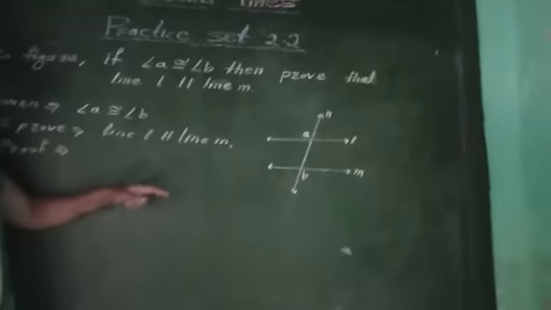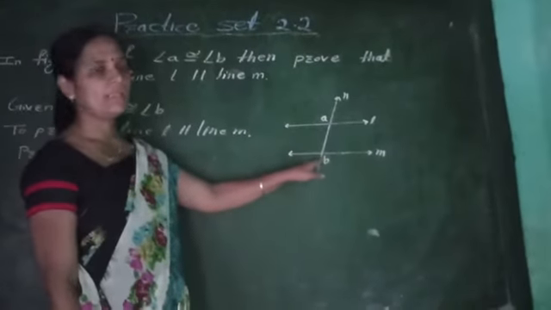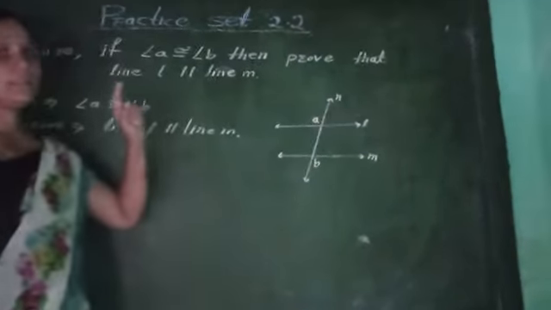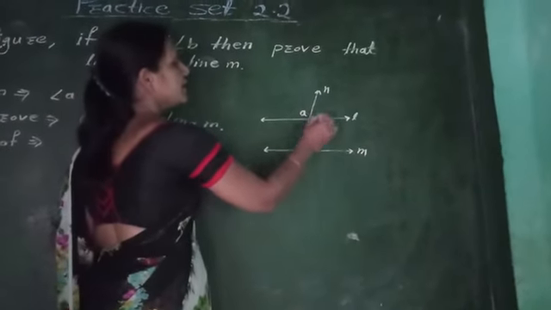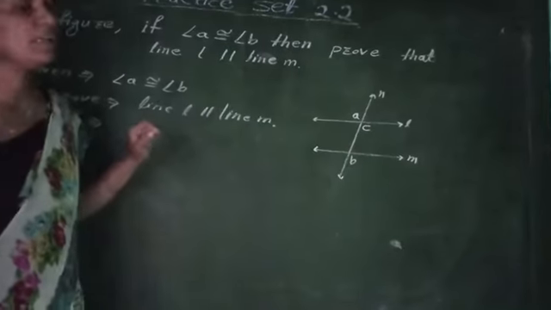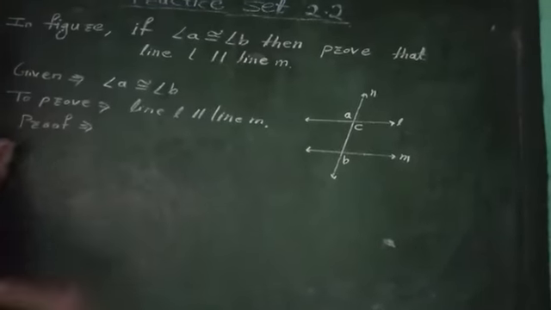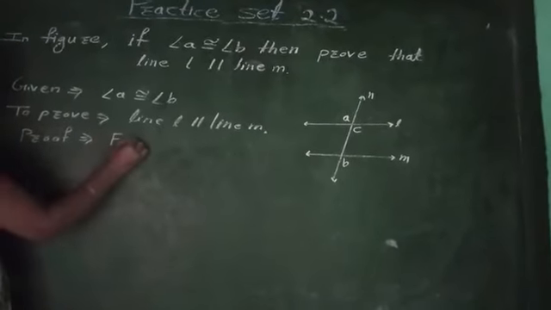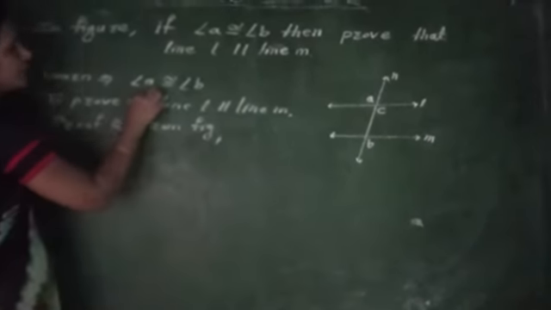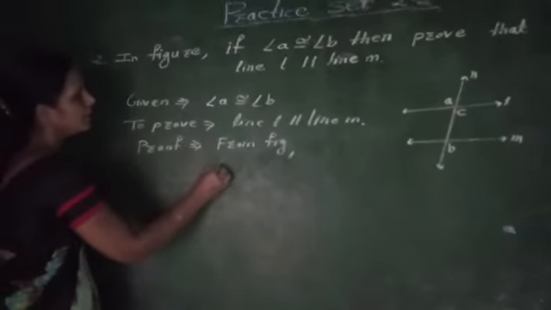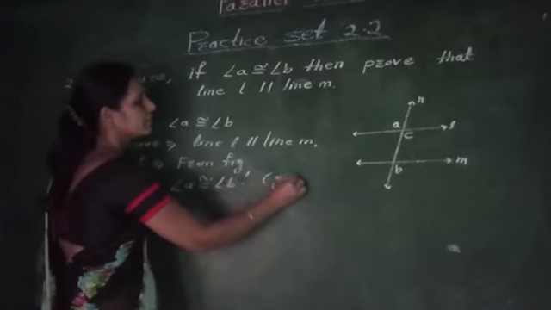Here we are given A is congruent to B. For better convenience, we write the symbol C, that is, this angle is denoted by angle C. From the figure, angle A is congruent to angle B. It is given.